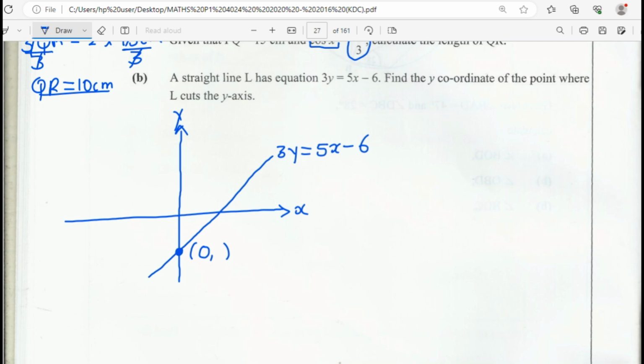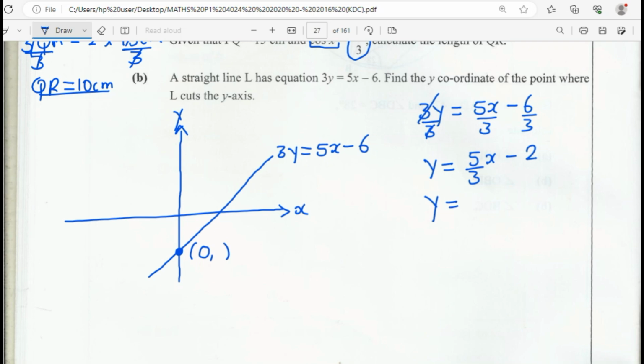Let's look at our equation. 3y is equal to 5x minus 6. Let's make y the subject of the formula by dividing by 3, 3, 3. So that if we cancel, we have y is equal to 5/3 x minus 2. 3 into 6 will give us 2.